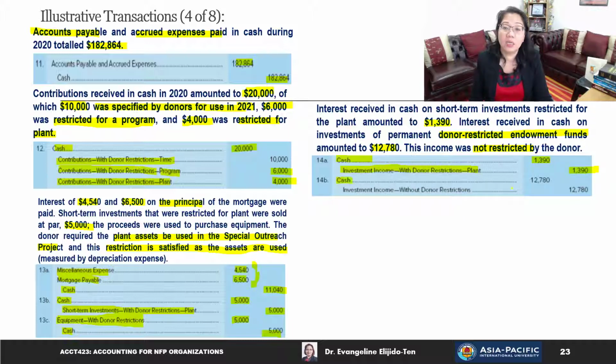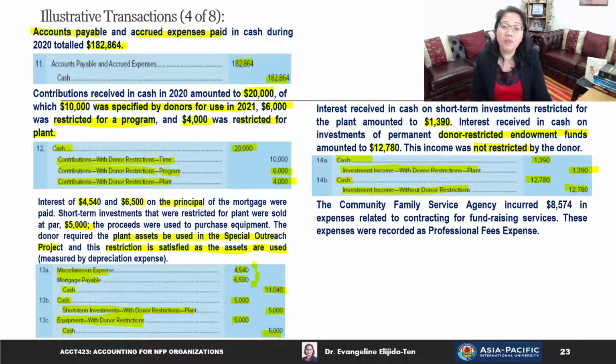For the cash from the endowment fund, we'll debit cash 12,780 and credit investment income without donor restriction because it says it's not restricted here. So that's 12,780.